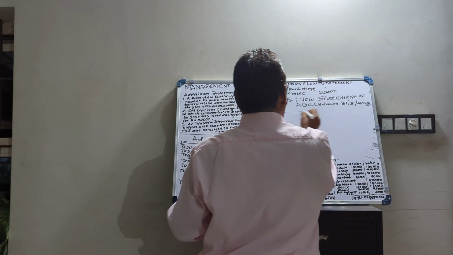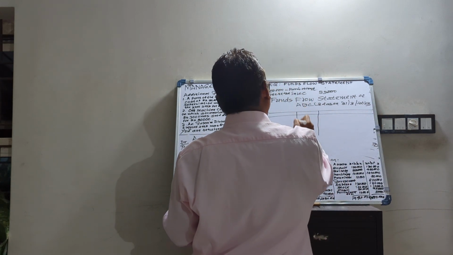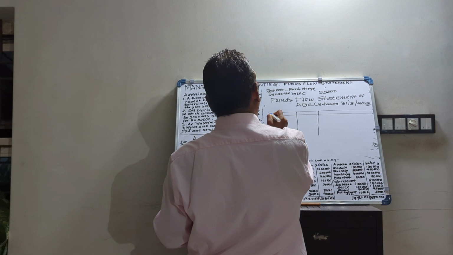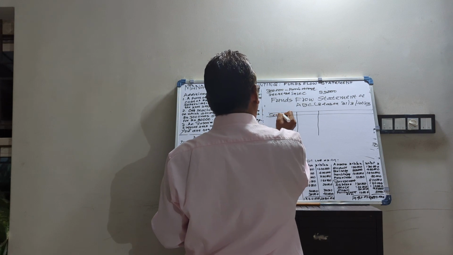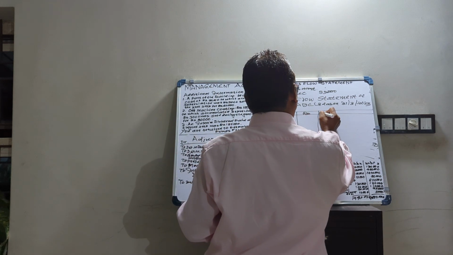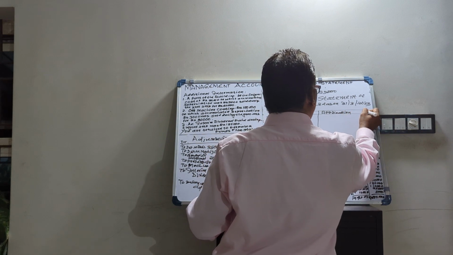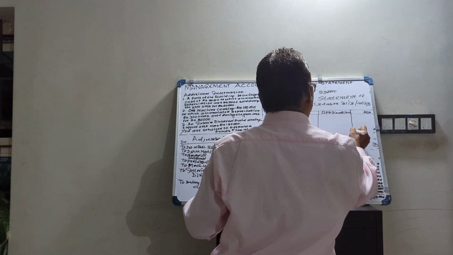The left side is sources of funds with the amount, and the right side is application or uses of funds with the amount.